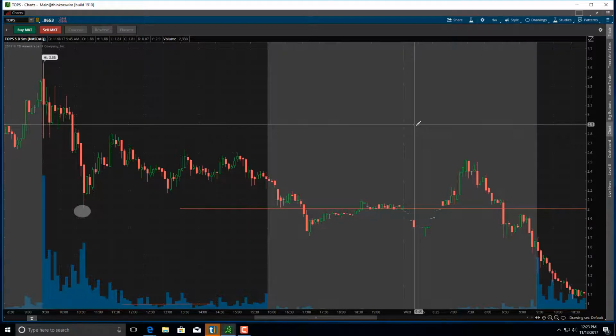So the next day, the stock opened up at around 170. Your protection order, your stop loss or stop market order, they're both the same, would have triggered at the open. So you would have gotten out of the position somewhere over here.